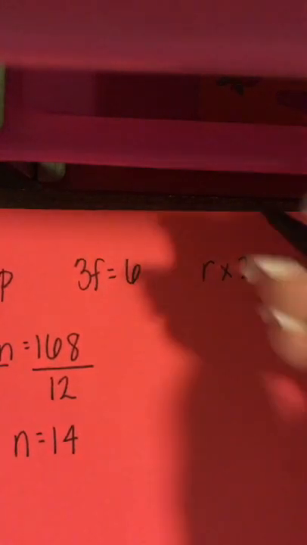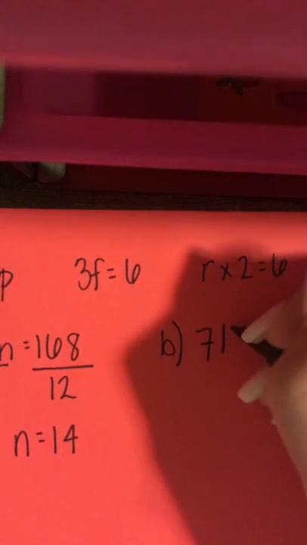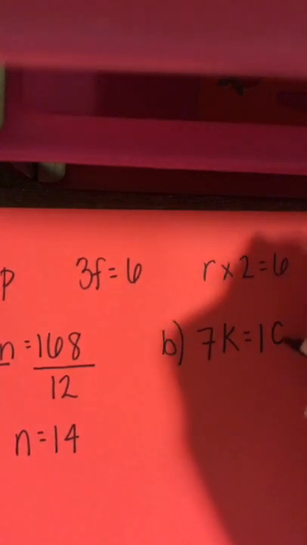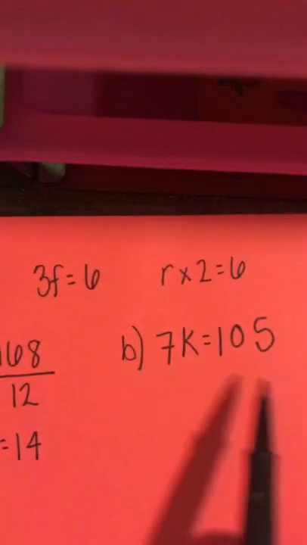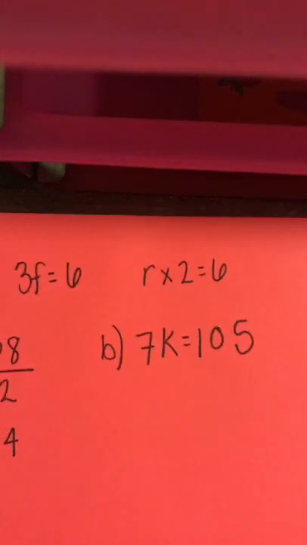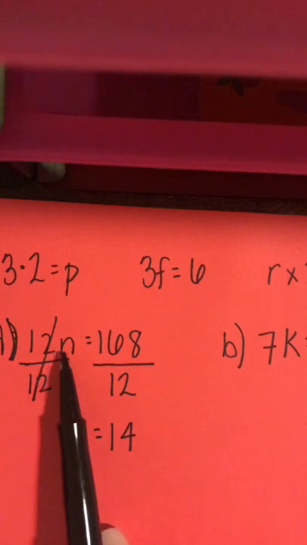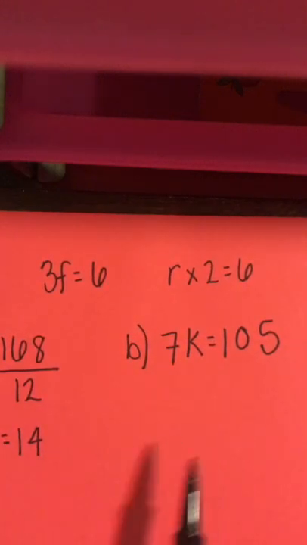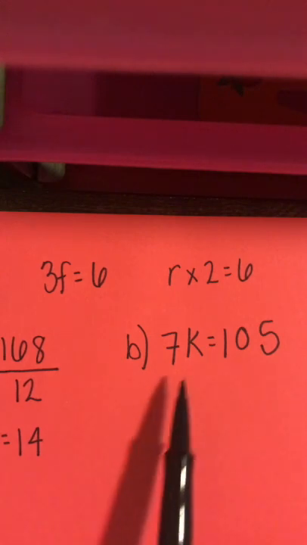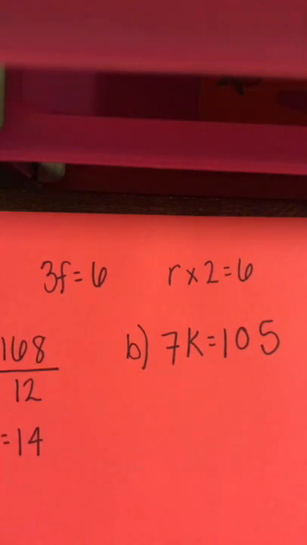Now for B, we're doing the same thing. We have 7 times k equals 105. So we have our unknown factor here, which is k. Notice that, the same as with 12n, which just means 12 times n, this is 7 times k. So we can find this unknown factor by dividing the product by this known factor.